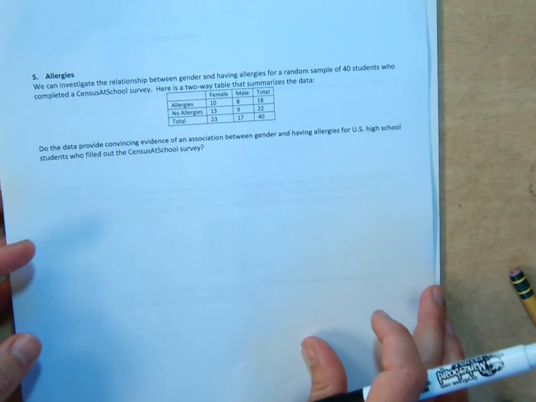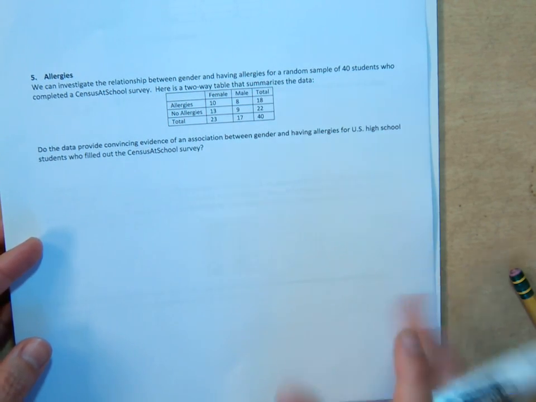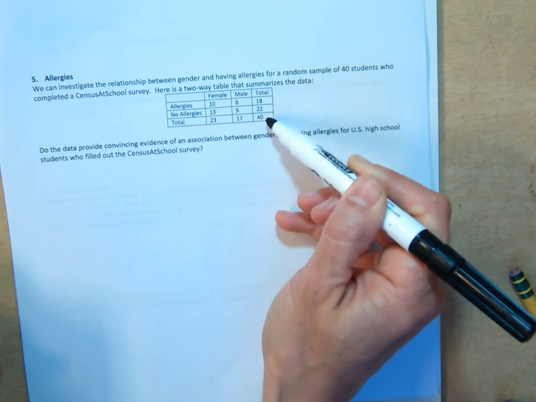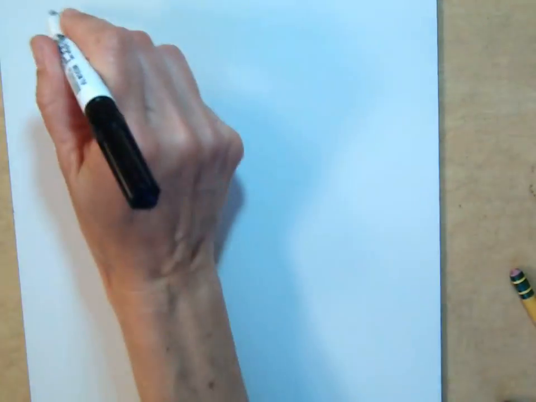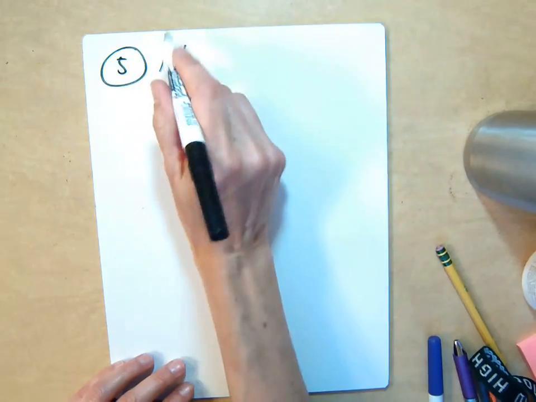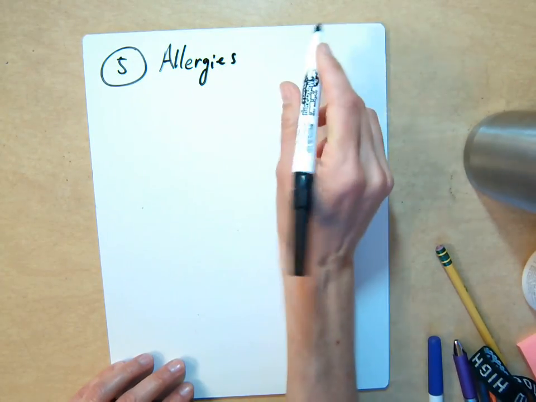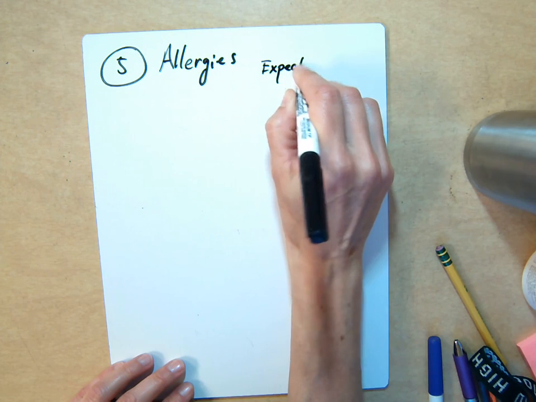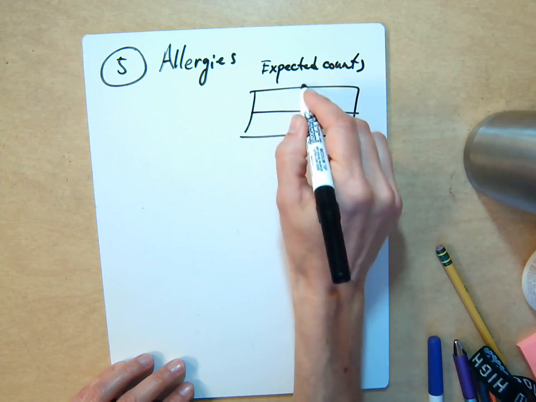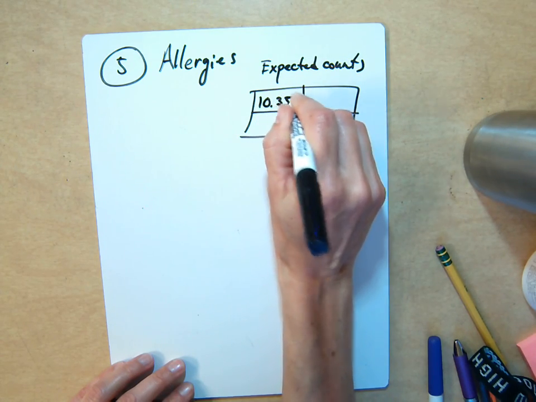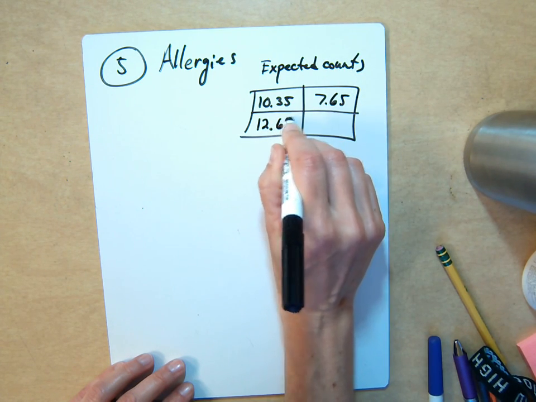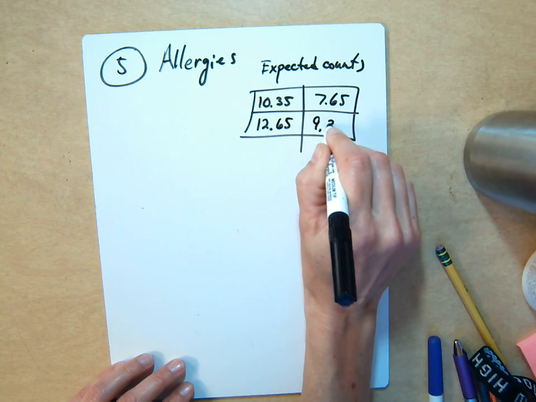So I will make a table of expected counts. If you just do, for example, for female with allergies, 18 times 23 divided by 40, you would get, so here's just for allergies, these are the expected counts for those 4 cells, would come out to be 10.35, 7.65, 12.65, and 9.35.